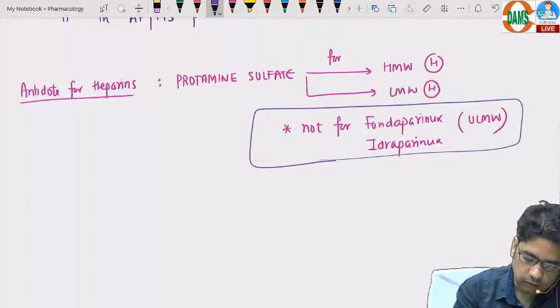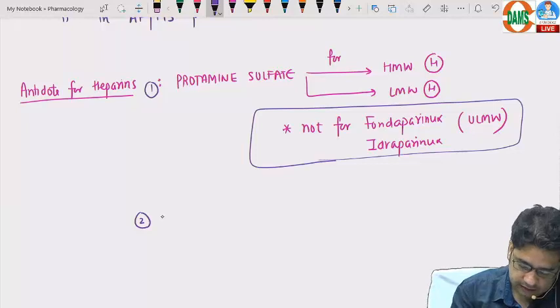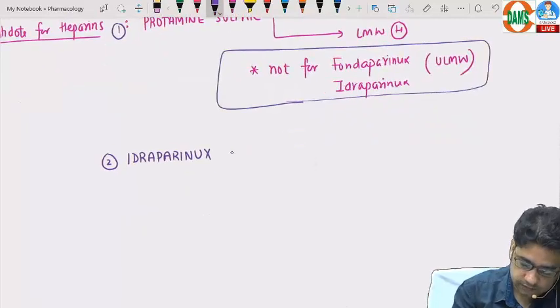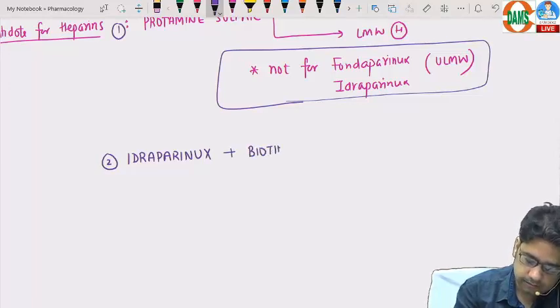But now what we have done, we have taken this idraparinux and we have attached a molecule to it, biotin.